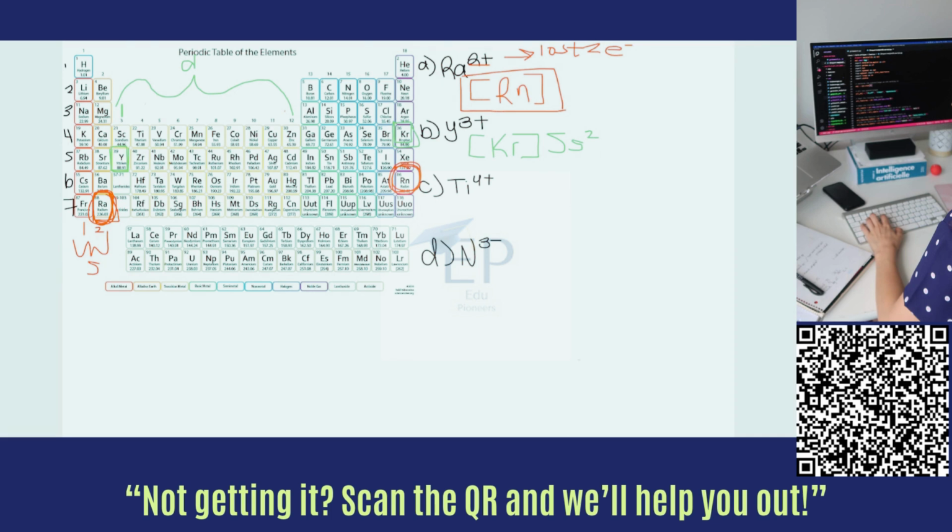So since Y is in row number 5, minus 1 is going to be 4. That's the energy level for the d orbital, the outermost d orbital. It's in the 1st column in the d orbital region, so it has 1 electron here. So as you can see, we have 2 electrons, 1 electron. We have 3 electrons in element Y that krypton does not have. So they're not in a complete octet.